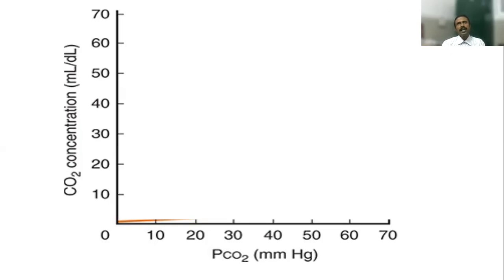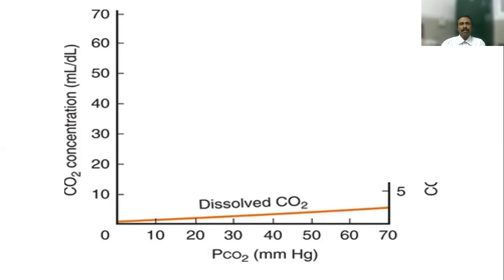As we have already mentioned during the transport of carbon dioxide in the blood, if carbon dioxide were to be transported only in its dissolved form, then the body wouldn't have enough capacity to eliminate all the carbon dioxide that is synthesized in the body.